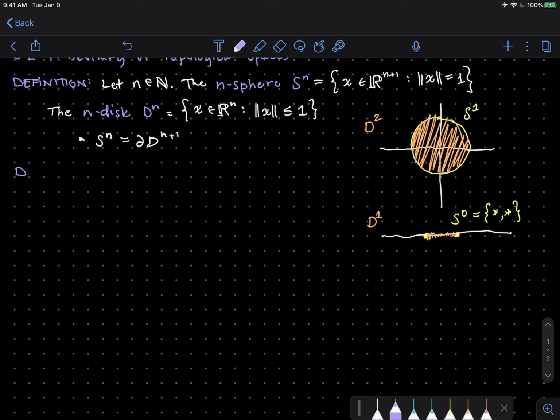Next up is a topological space whose utility we might not fully understand until later in the course. Again, let's take a natural number n.